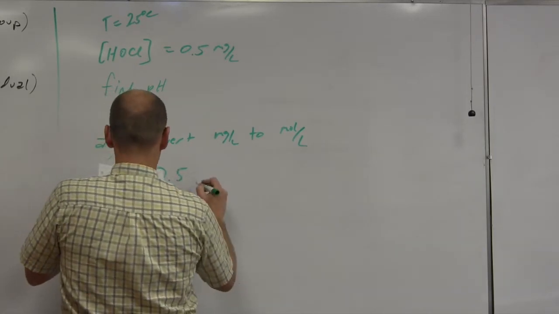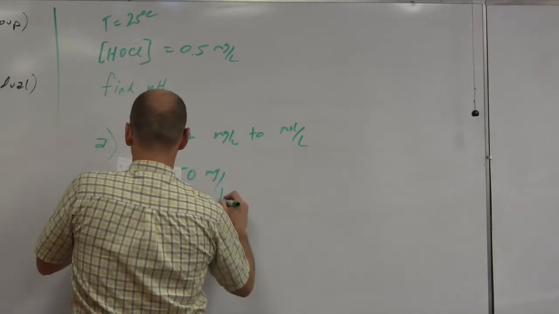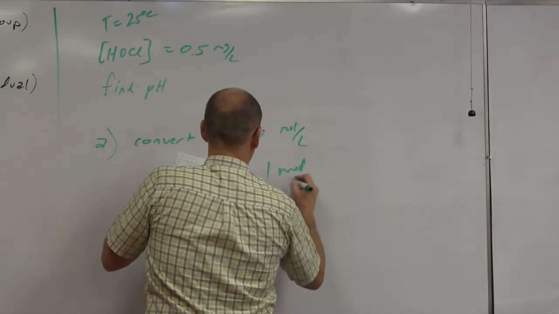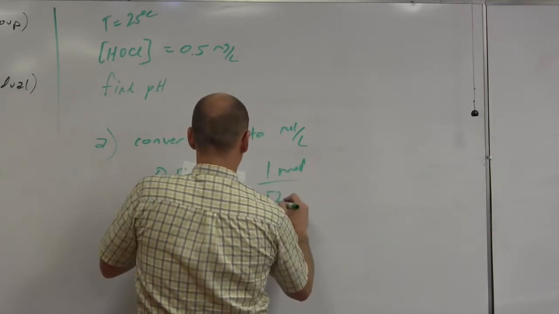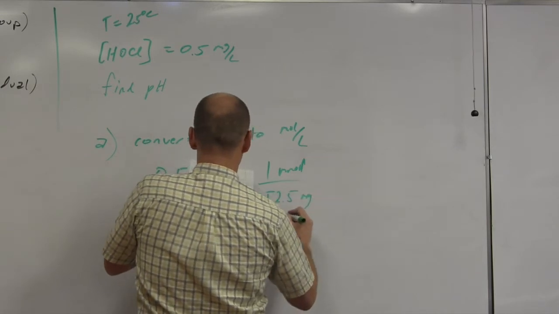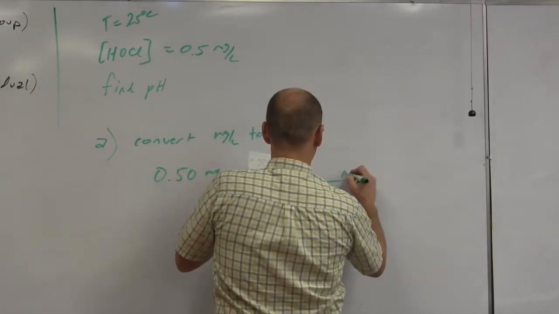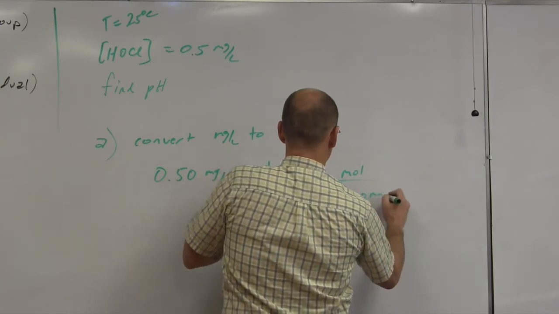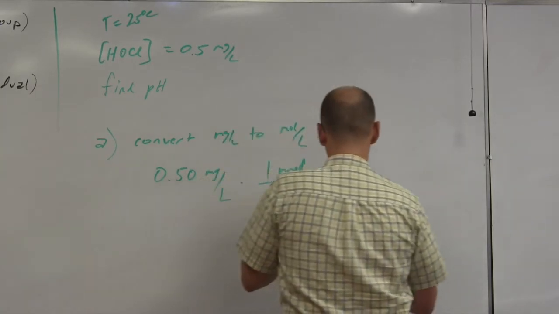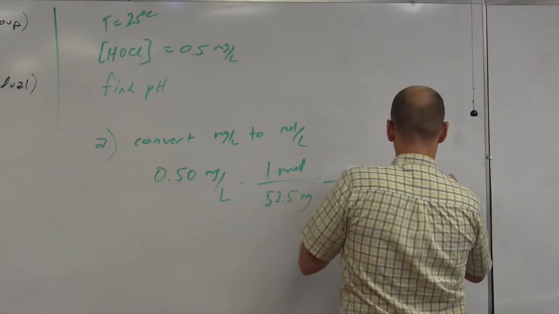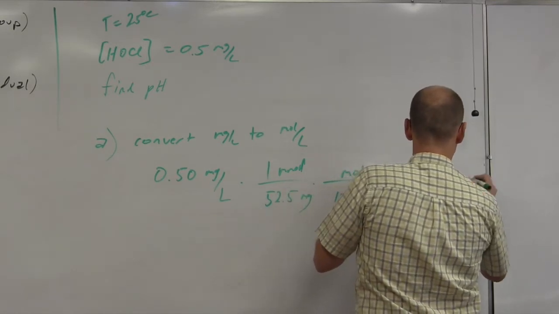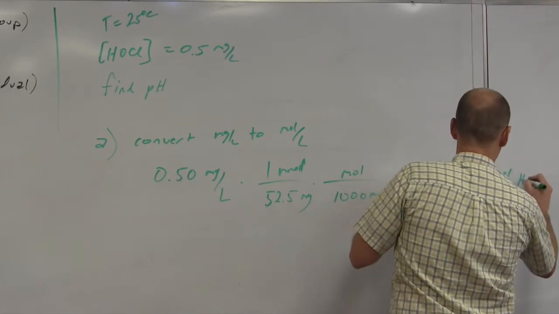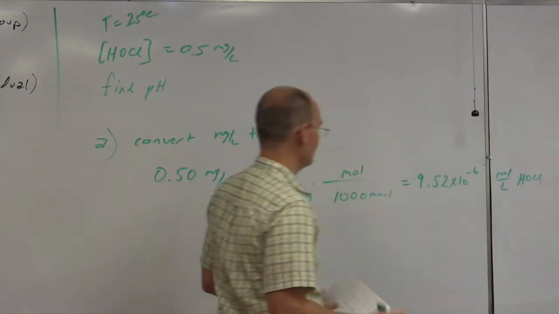So 0.50 milligrams per liter. 1 millimole of this material is 52.5 milligrams, and then we'll unit convert from millimoles to moles, and we'll get 9.52 times 10 to the negative 6 moles per liter HOCl. Okay?